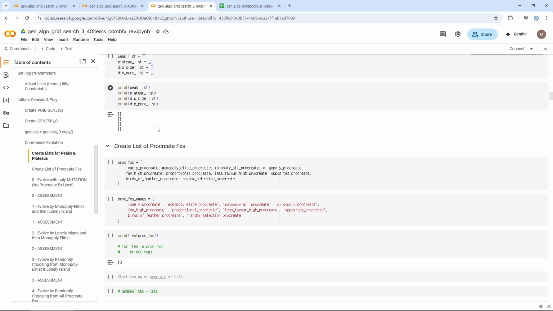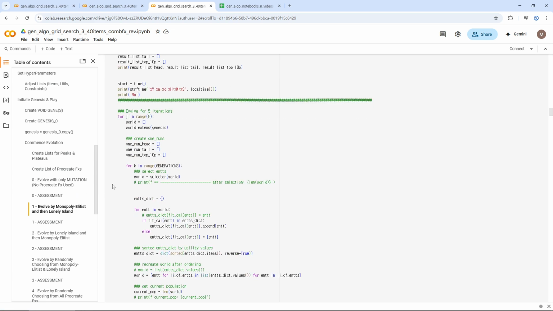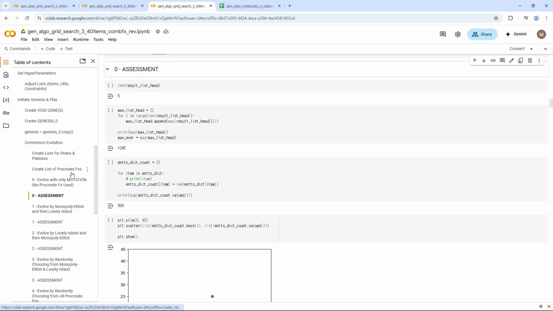I'll also decipher the plateau levels and get the average of these values. I will subtract the average plateau from the average peak, which would give us the size of the dip. I'll also calculate the dip percentage by dividing the dip size by the average peak, and all those values will be stored in these four lists, at the start of each assessment rather.